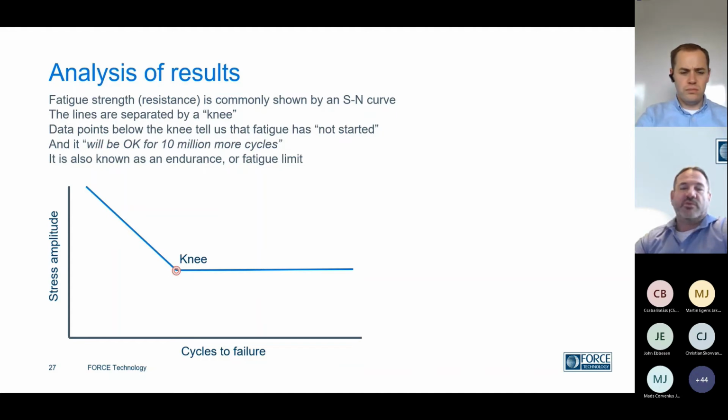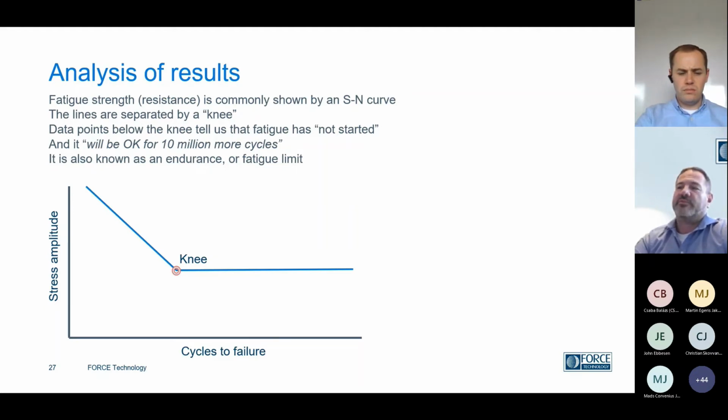Now, the fatigue strength or the fatigue resistance can be shown by what's called an SN curve, and that's a stress number of cycles curve. And it's a plot, and on this plot for the theoretical curve, there is something called a knee.